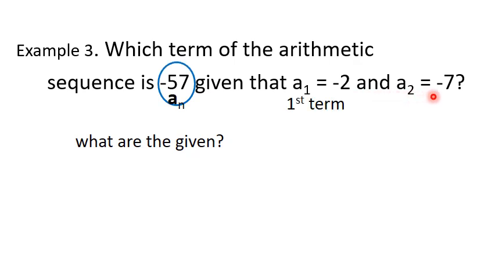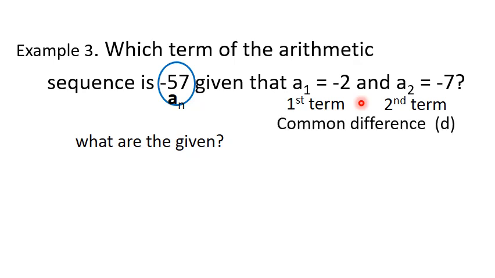Of course, a sub 1 is the first term and a sub 2 is the second term. So again, wala na naman tayong difference or the value of the common difference. Makukuha natin ang common difference kasi mayroon tayong consecutive term, the first and the second term.